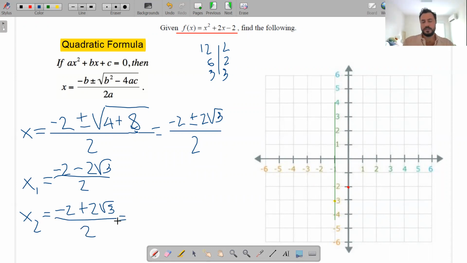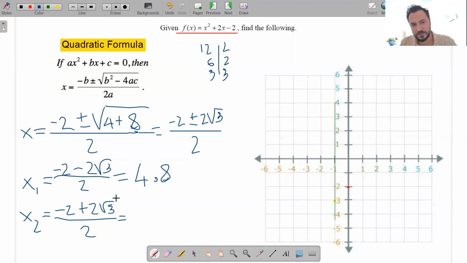Let's use our calculators and we will find that this is going to be 4.8, and this is going to be just square root of 3.